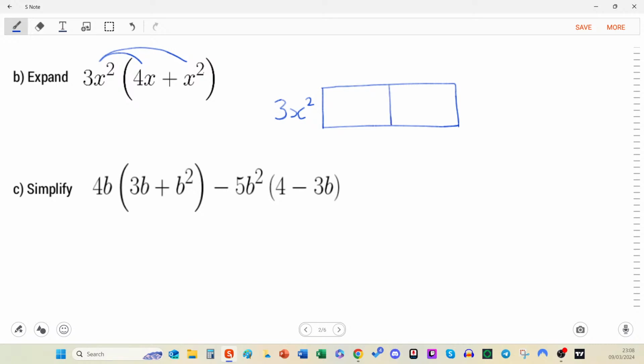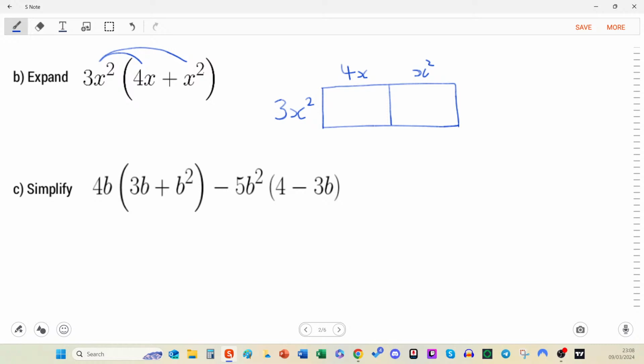Essentially, you could see every multiplication as multiplying to find the area of a rectangle. In this case, one side is 3x squared, and the other side is made up of two parts. The whole length is 4x plus x squared. And then we compartmentalize, just like we did with these arrows just above the expansion.